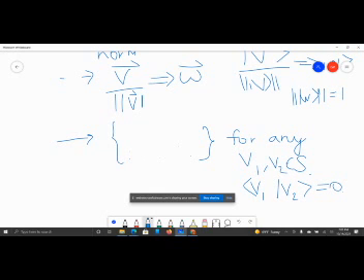So this makes them mutually orthogonal, and they're an orthonormal set, meaning that for any v1 in the set, the magnitude of v1 must be 1. Basically, all of them are unit vectors.